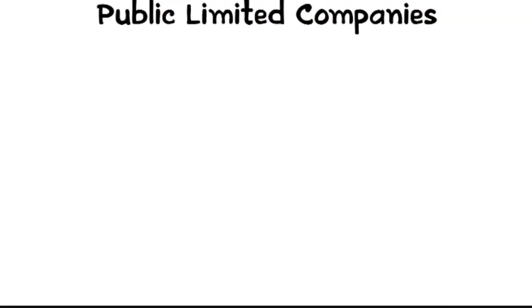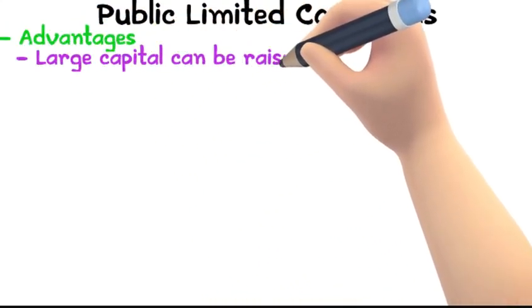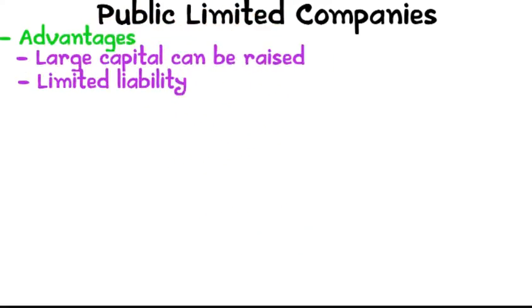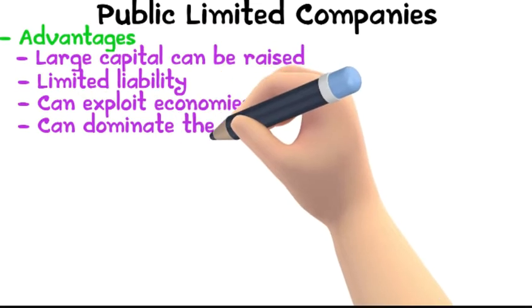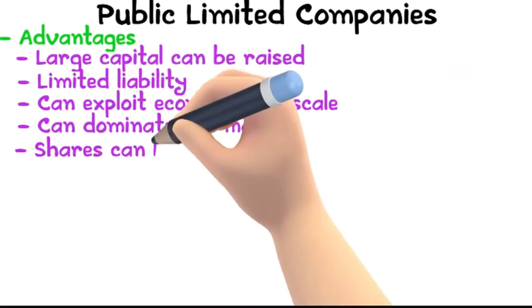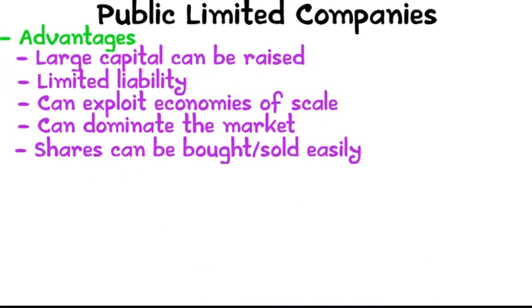Now let's take a look at the advantages and disadvantages of public limited companies. Advantages: large capital can be raised, limited liability, can exploit economies of scale, can dominate the market, shares can be bought and sold easily, they have a high media profile.